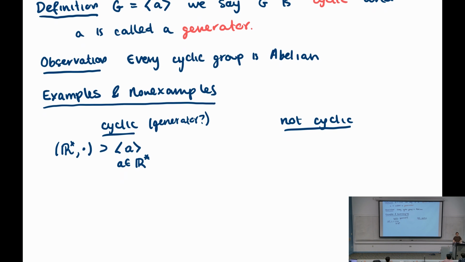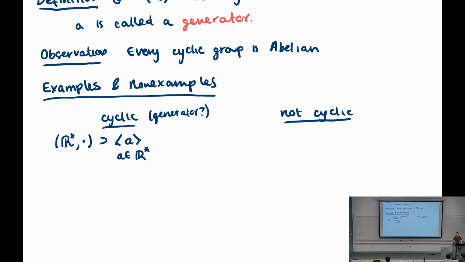Other examples or non-examples? Did anyone come up with a group that isn't cyclic? Yeah, the permutation group S3 is not cyclic, so you can't write every element of S3 as a power of one single element. Good. Other examples?